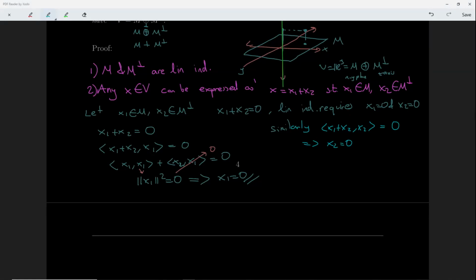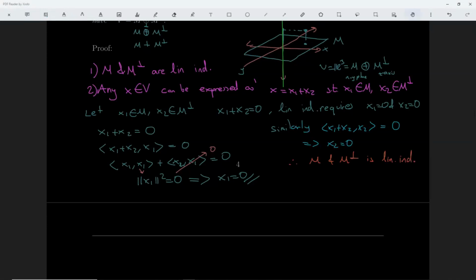And so if x1 plus x2 being equal to 0 implies x2 equals 0 and x1 equals 0, then these two subspaces are linearly independent. Okay? Therefore, M and its orthogonal complement are linearly independent. Do you have any questions here?